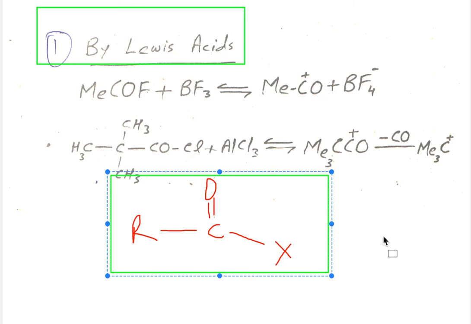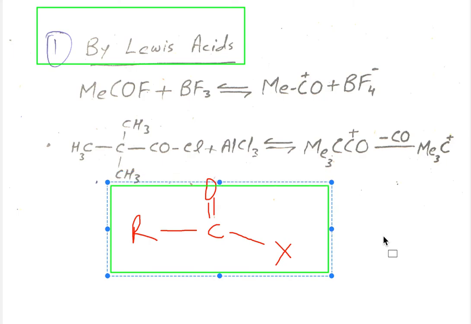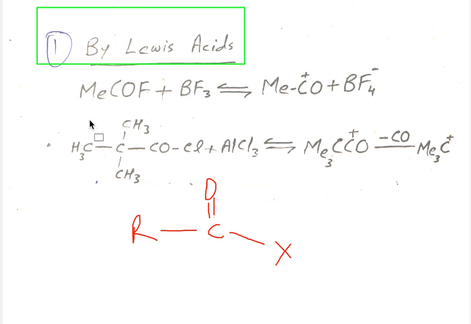But in this case, we have the acyl halide acetyl fluoride. This one is acetyl fluoride, a member of acyl halide that reacts with trifluoroborane. Trifluoroborane is a Lewis acid that can accept a pair of electrons.